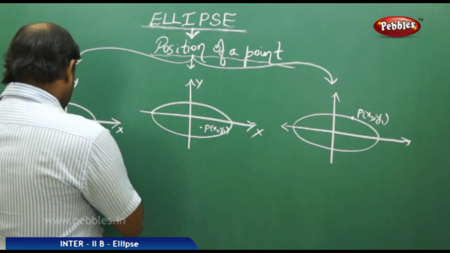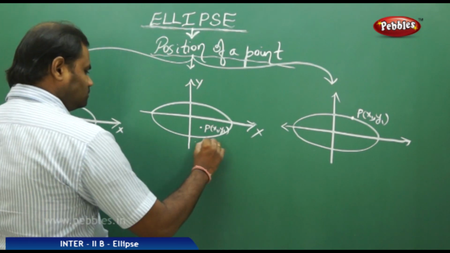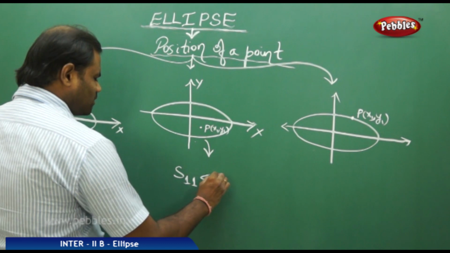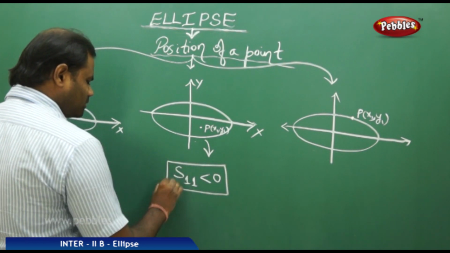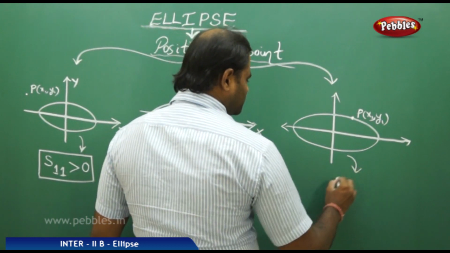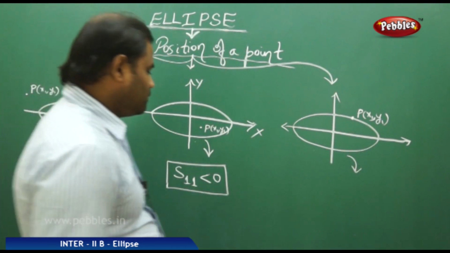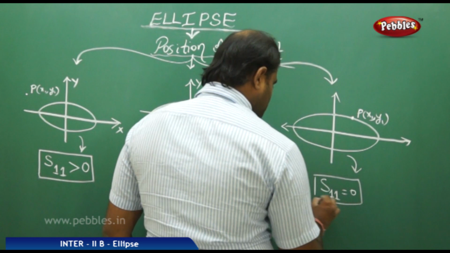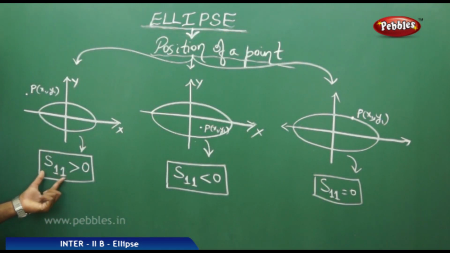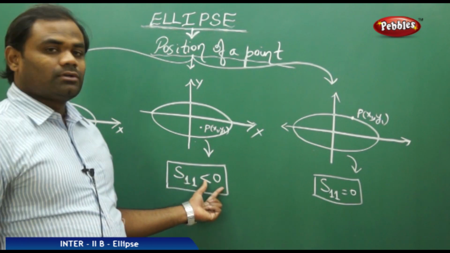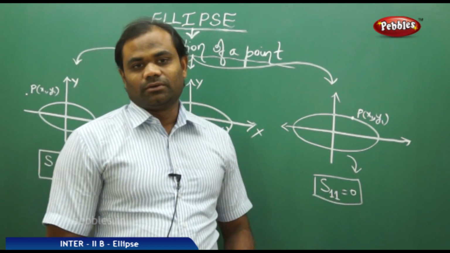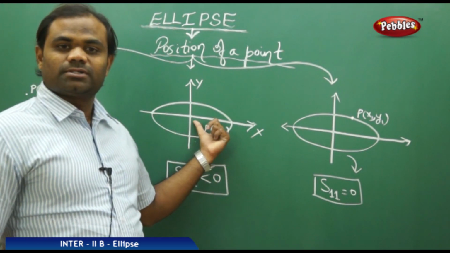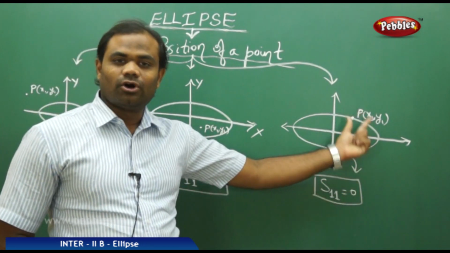For inside, the condition is S11 less than 0, and for case 3, where P is on the ellipse, we have S11 equal to 0. So case 1, S11 greater than 0; case 2, less than 0; and case 3, equal to 0. Positive implies P is outside, negative implies P is inside, equal to 0 implies P is on the ellipse.